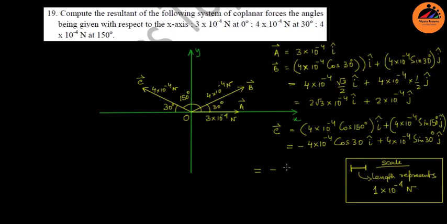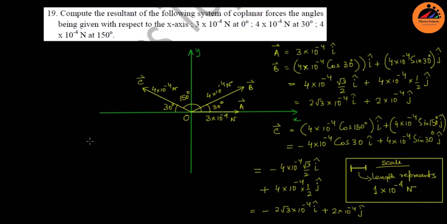So minus 4 into 10 to the power of minus 4 into root 3 by 2 I cap, very similar to this, plus 4 into 10 to the power of minus 4 times half times j cap, right? So this is minus 2 root 3 into 10 to the power of minus 4 I cap plus 2 into 10 to the power of minus 4 j cap.